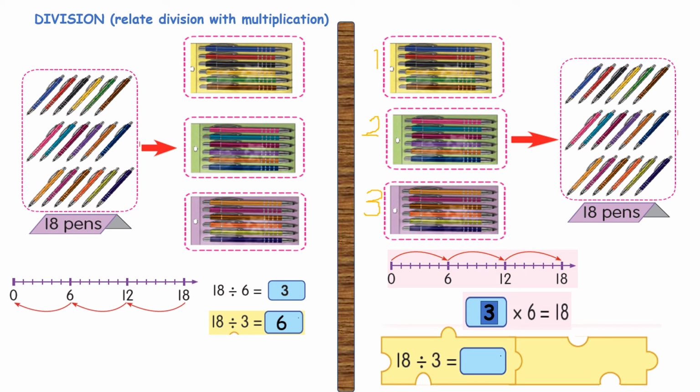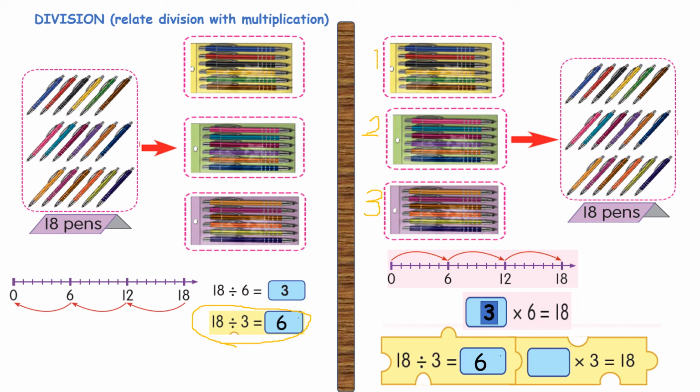Now we are going to relate it with division. 18 divided by 3, refer to this one, is 6. And then what is times 3 equals 18?